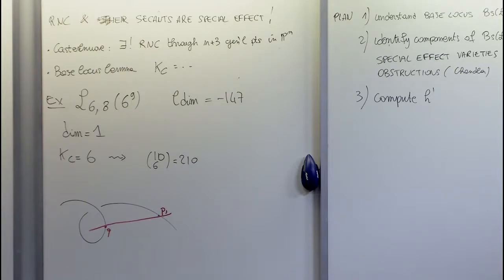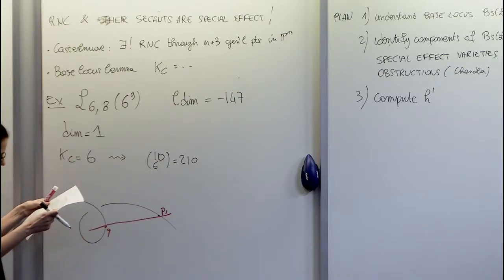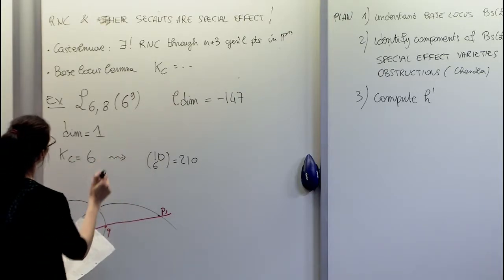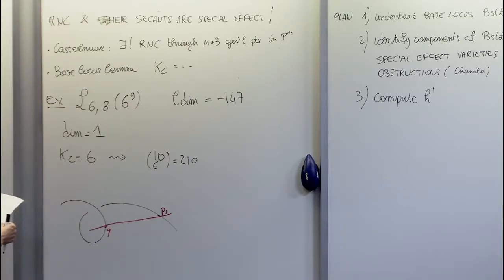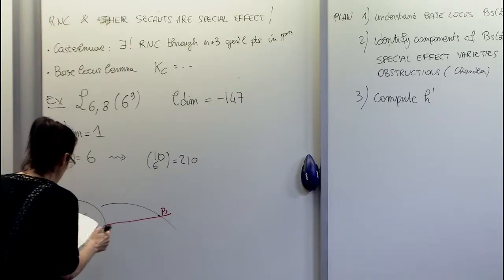So I just take a point on the curve, which is one of the ones I fixed, and then I take any other point on the curve, and this is going to be contained with multiplicity 6 plus 6 minus 8, which is again 4.